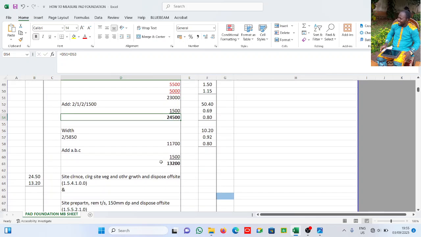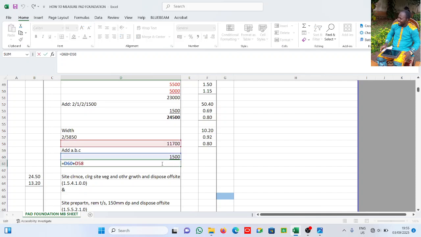All right. Now the same thing goes for the width. The width also is 11.7, like I said here, 2 by 5850. I add ABC as before calculated, or add 2 by half by 1/500. You will get it. That gives me, excuse me, 13,200.